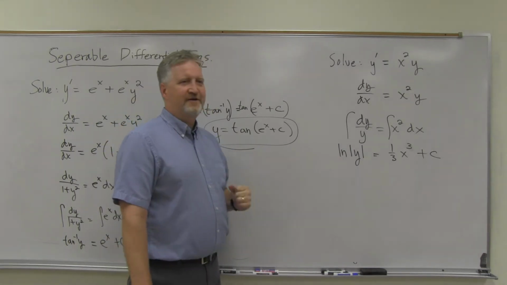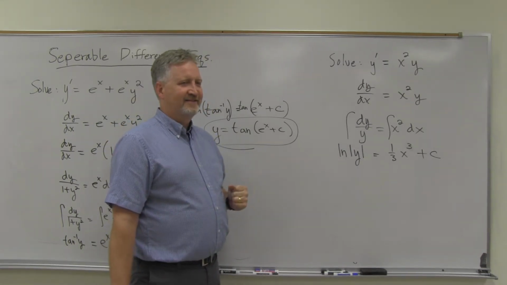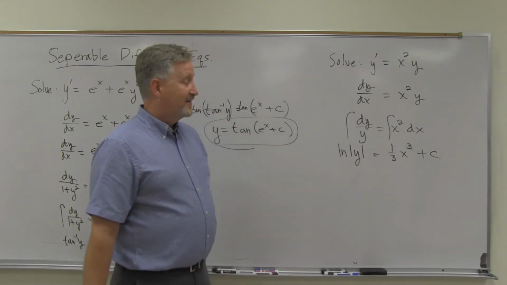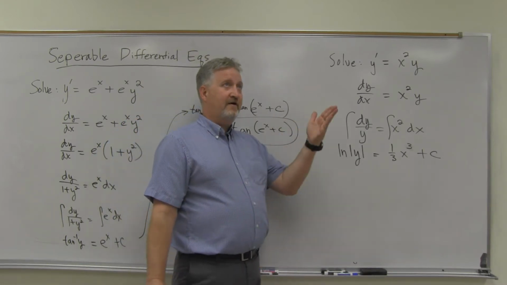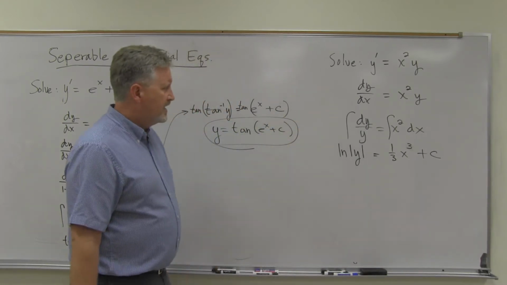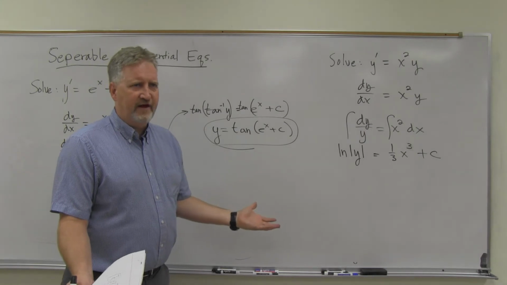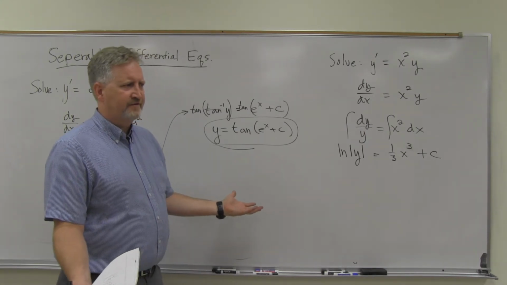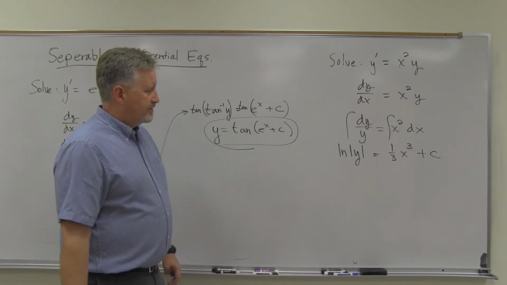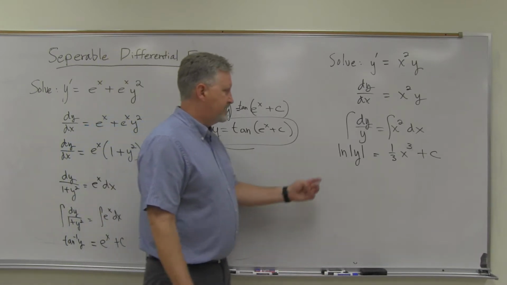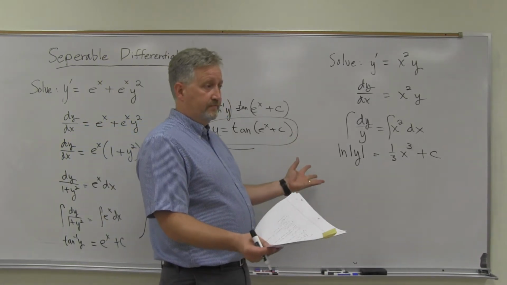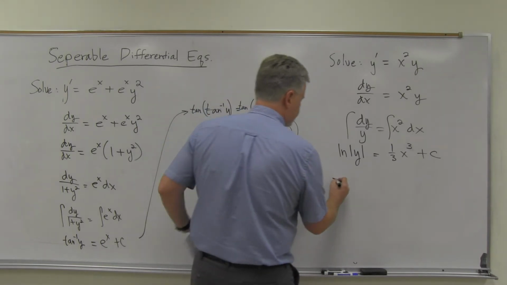What's the inverse operation of ln? E, yeah. E is the e to the power. I call it exponentiate both sides when I'm describing this to pre-calculus students. Exponentiate both sides, base e.